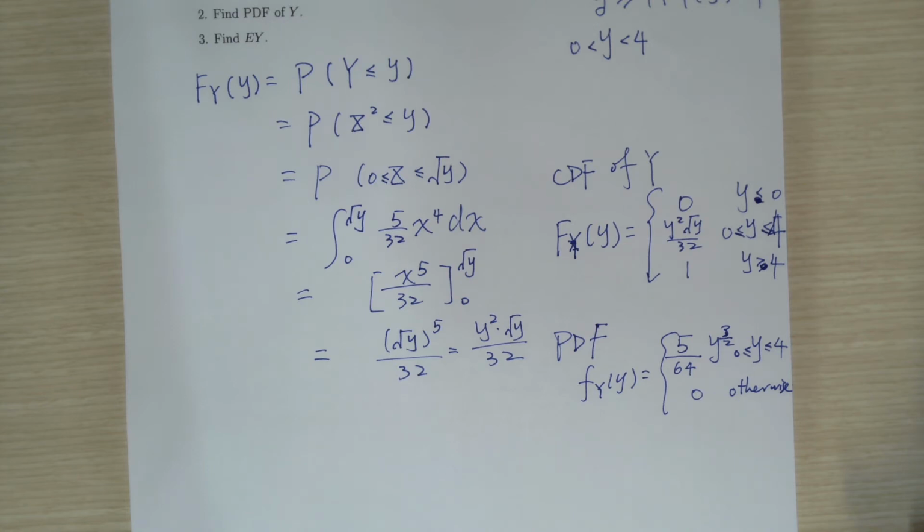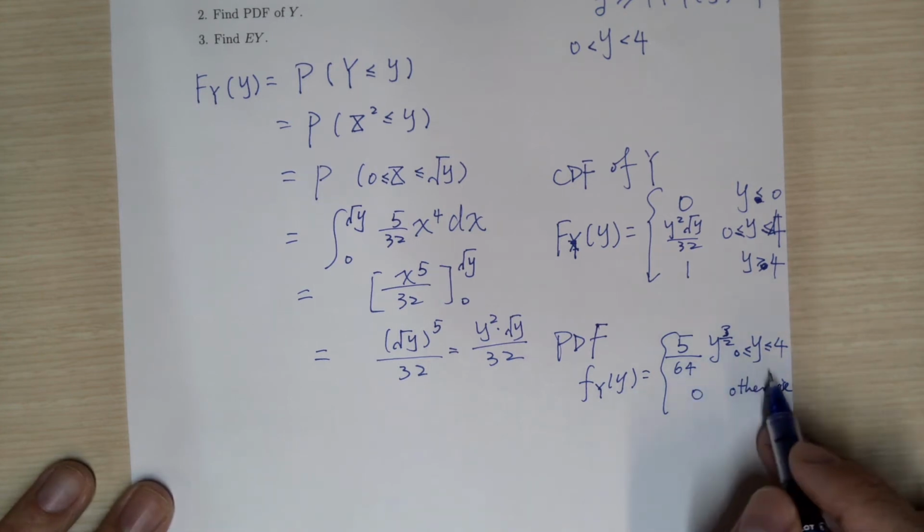So when you have that PDF, to figure out E of Y in part 3, you can do two things.